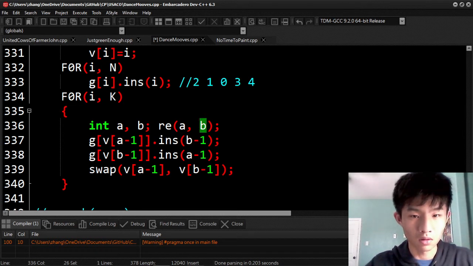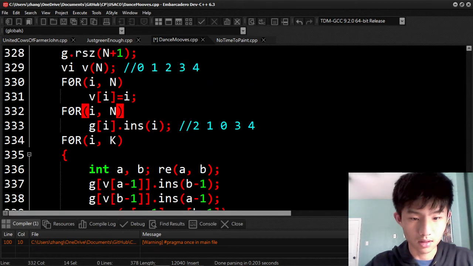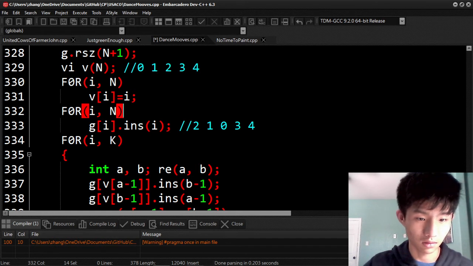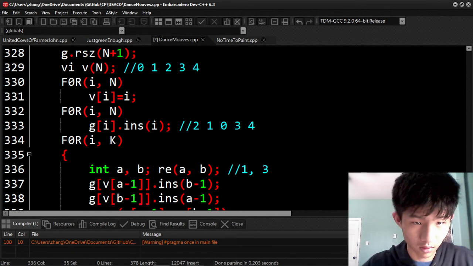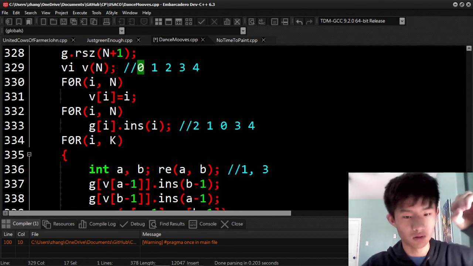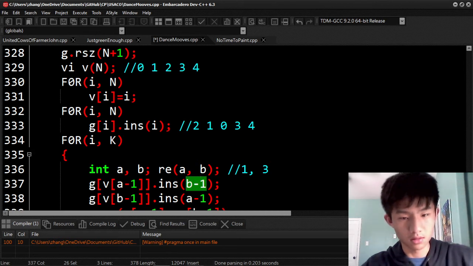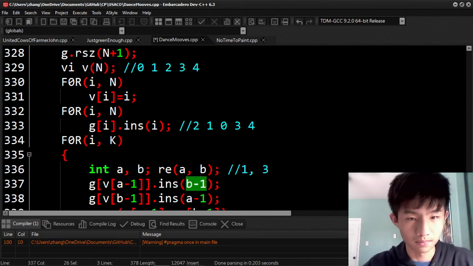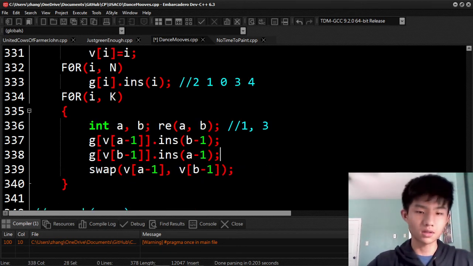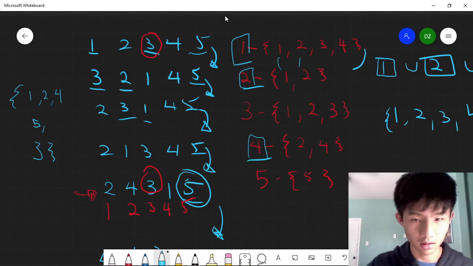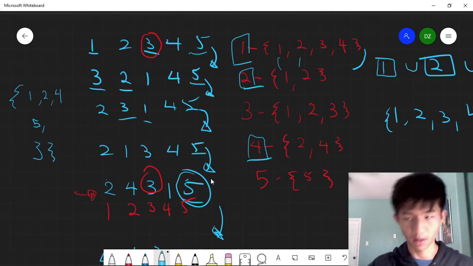So we go back to this example. Vector a minus 1, in the first case it's 1 and 3, subtract 1 is 0, so take 0. It takes position 0 and inserts the new position that it reaches, which is 2. And then it will keep on doing that for the first k iterations. The reason is you just need to know where it moves after k iterations, because after k iterations it goes through the same pattern over and over again.